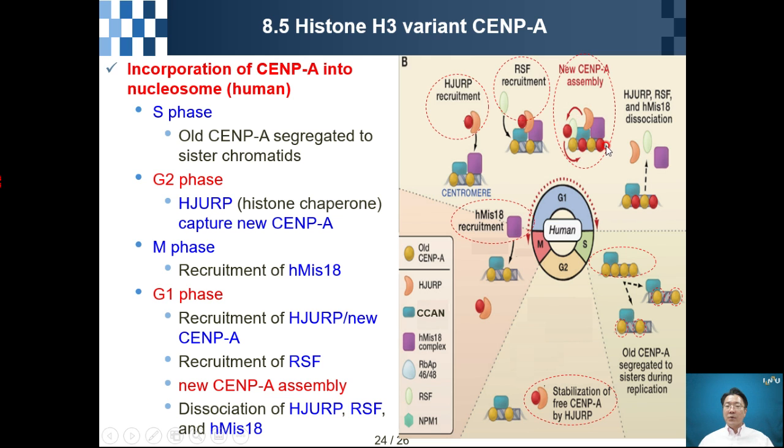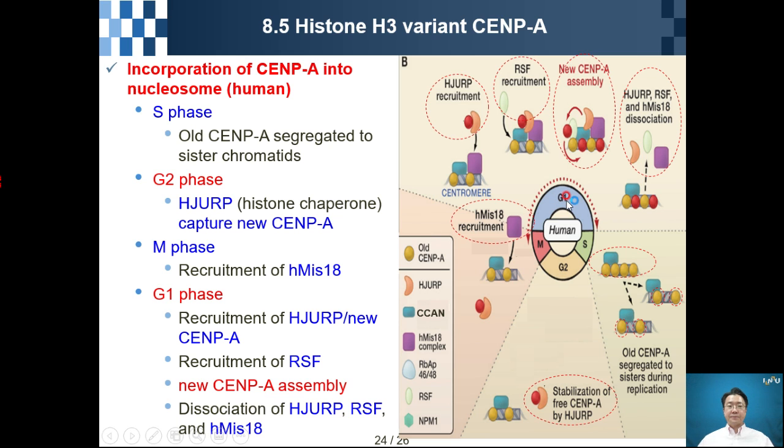After that, in the final step, dissociation of HJURP, RSF and Mis18 happens. The important thing is the incorporation of CENP-A into the nucleosome. New CENP-A assembly happens during the G1 phase.